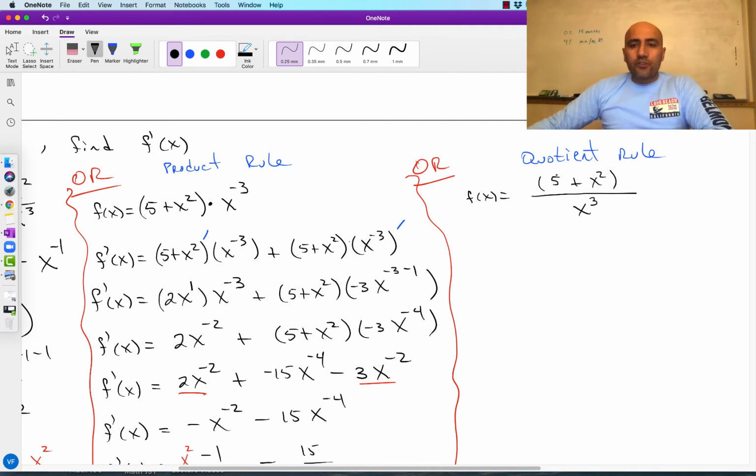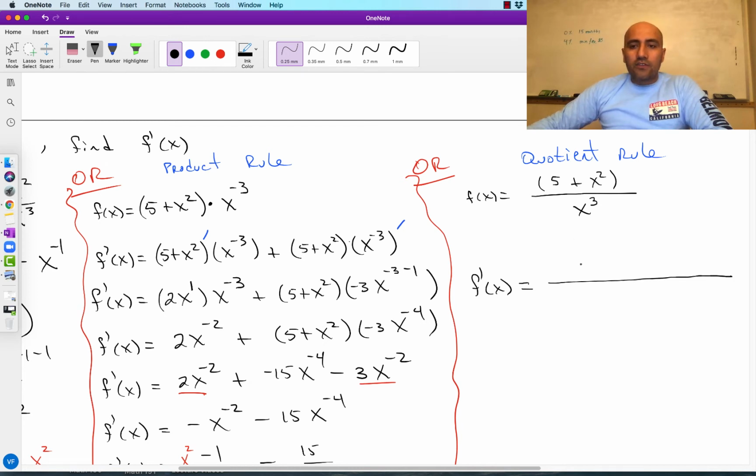Okay, so this was the original function, 5 plus x squared in the numerator divided by x cubed in the denominator. So now using the quotient rule, we know that the derivative is going to be equal to this giant fraction.